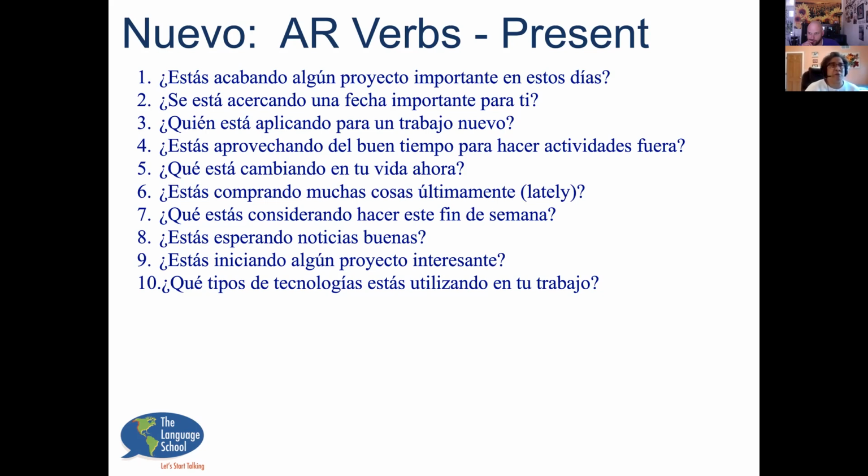Yeah, like software, language software. Ahí se llama software, sí. Okay. Una aplicación de software. Okay, so estoy utilizando software. I don't know. Computadora y software. Bien. Muy bien.